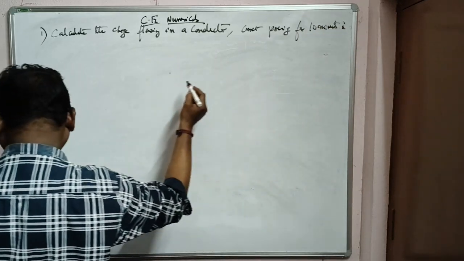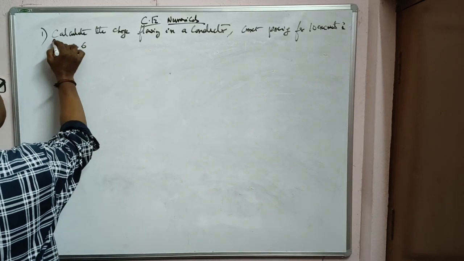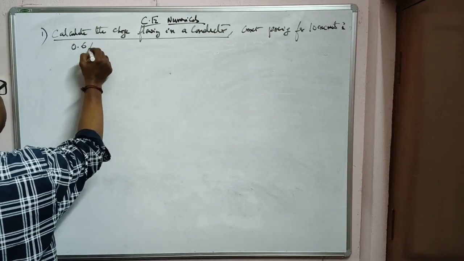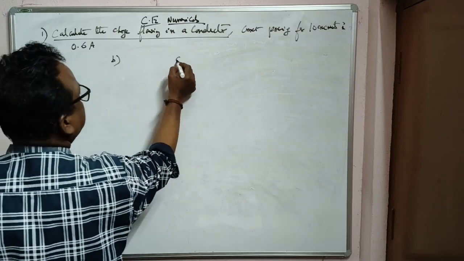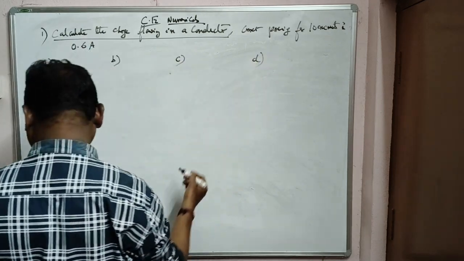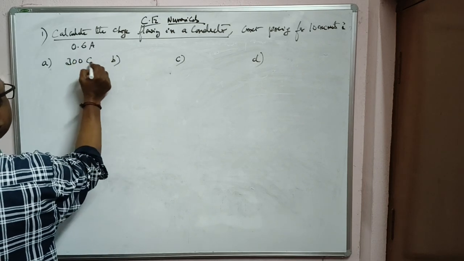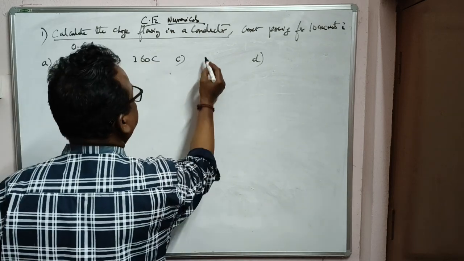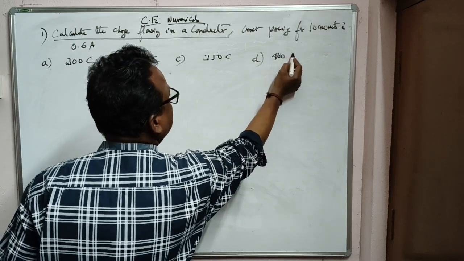The options are A, 300 coulombs; B, 360; C, 350; and D, 400 coulombs.